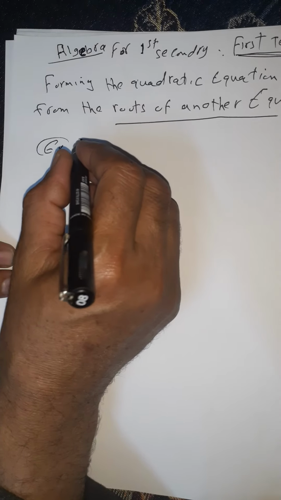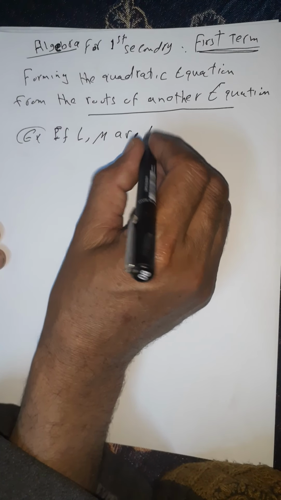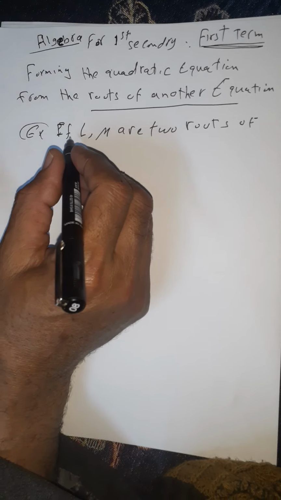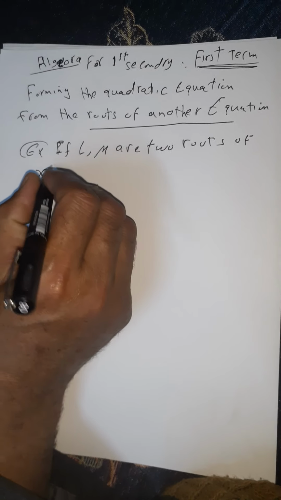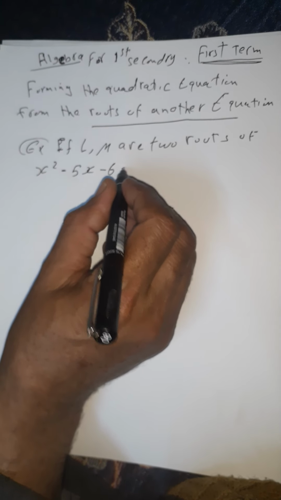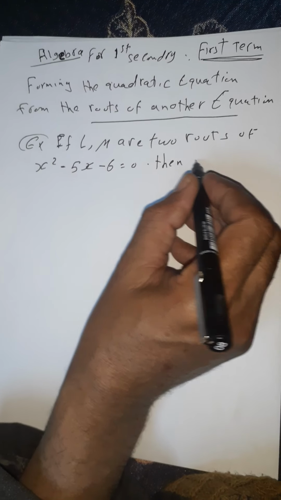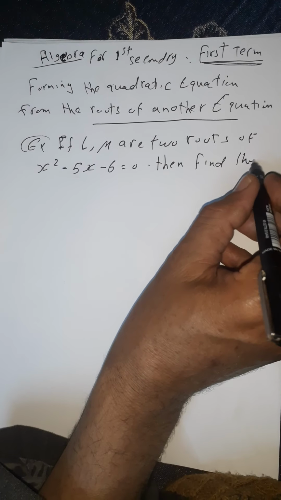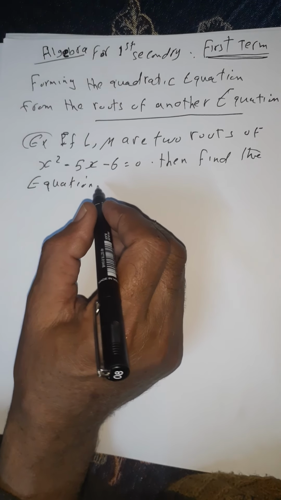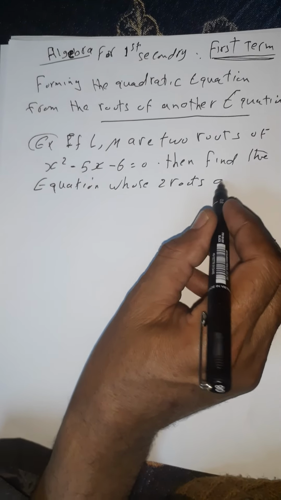Example number 1. If L and M are two roots of x power 2 minus 5x minus 6 equals 0, then find the equations whose two roots are.